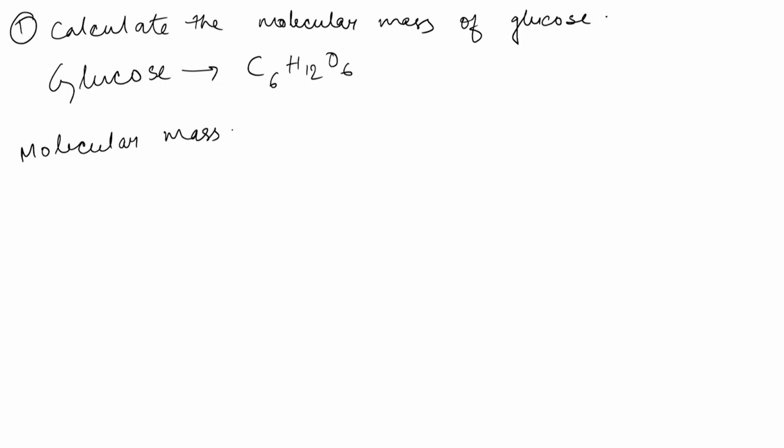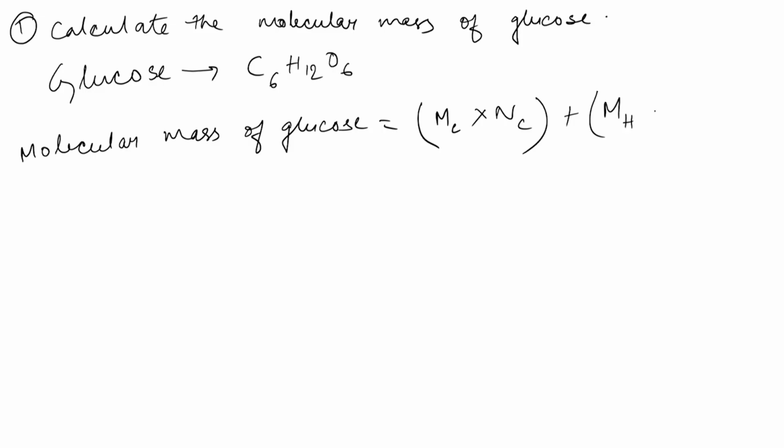So, molecular mass of glucose will be mass of carbon into the number of carbon plus mass of hydrogen into the number of hydrogen plus mass of oxygen into the number of oxygen.